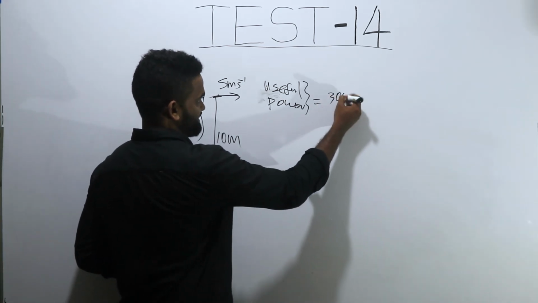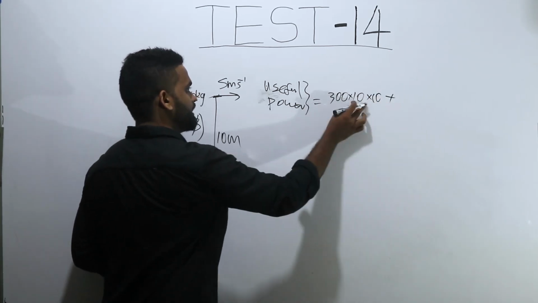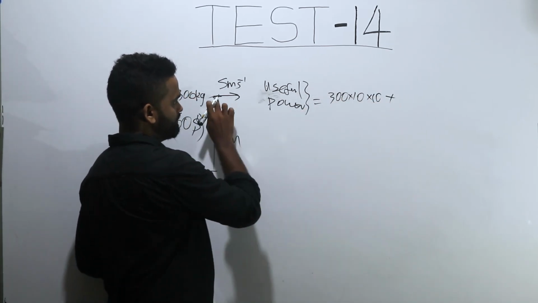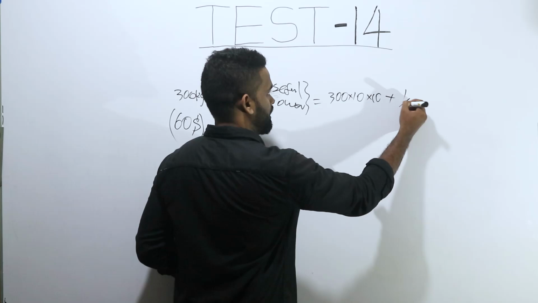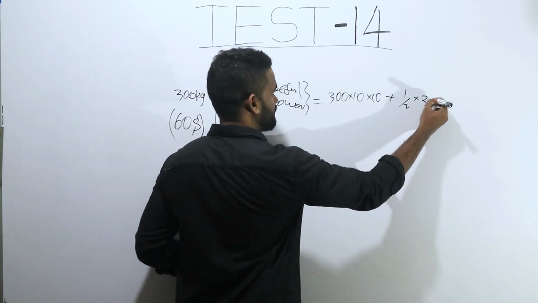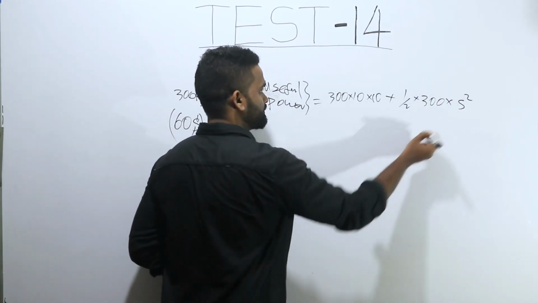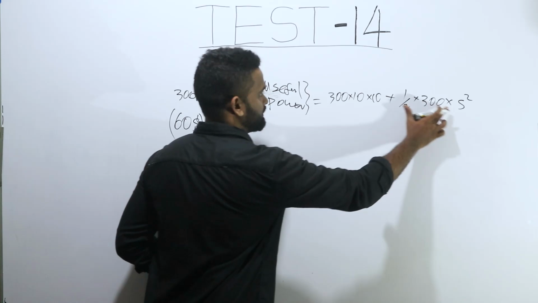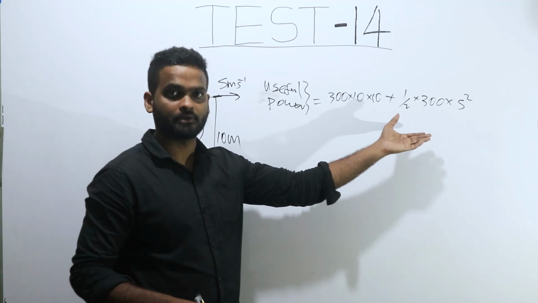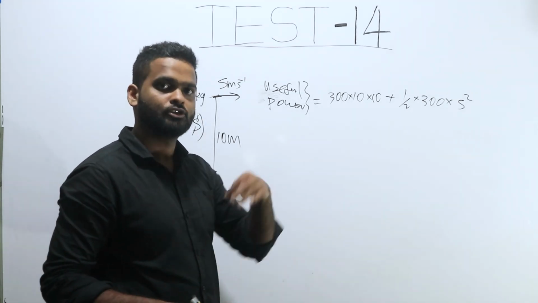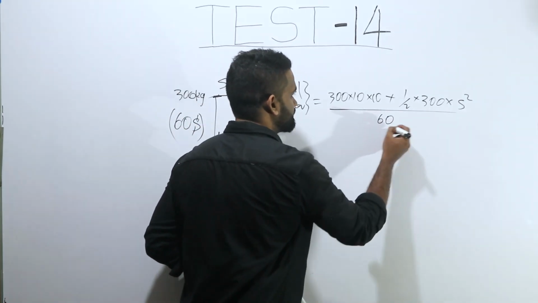So mass is 300, g is 10, h is 10 meters. So this is mgh. Then this is given a kinetic energy. So it should be half mv square. Half, mass is 300. Velocity given is 5 square. So this is the total energy for this to happen. Then this happens within a minute. To make this power, I'll divide this whole thing by 60 seconds, 1 minute.